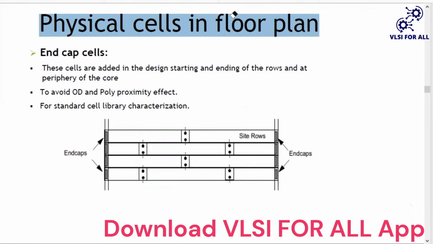Why will it be placed only between the site rows? Because of the power connection, from the standard cell site rows to the top metal layer. The top metal layer depends on your project; M12 is the top metal layer. That M12 connection is there also.